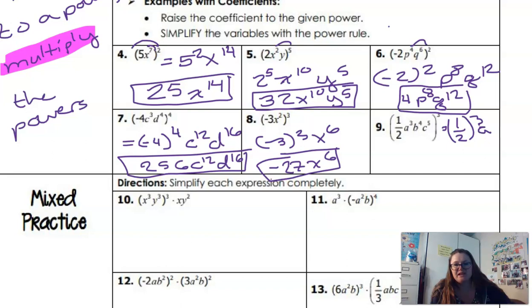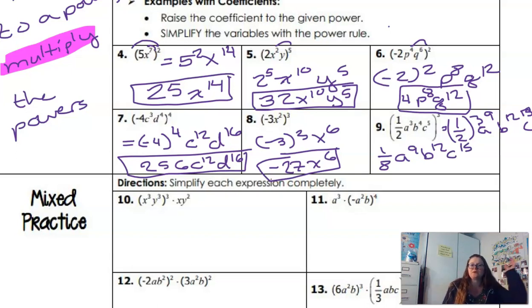This would be a cube, which is a to the 9th, b to the 12th, c to the 15th. So we'd have 1 over 8, a to the 9, b to the 12, c to the 15th. And technically, all of this is in the numerator with the 1. You can think of it as 1/8 out front if you want as well.